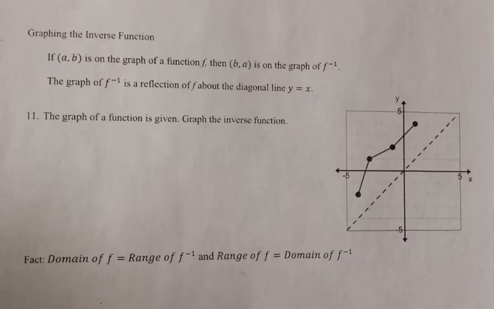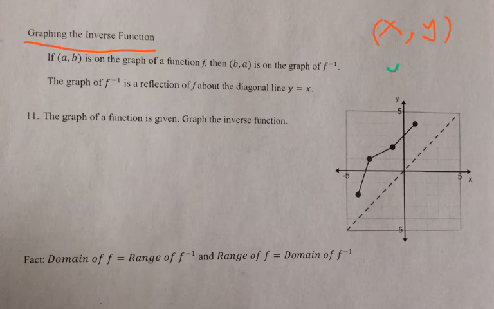The last big thing about this is being able to graph an inverse function. So we already discussed this a little bit. Essentially, the xy coordinates of a function switch for the inverse. Okay, so it states here that if the point (a, b) is on the graph of a function f, then (b, a) is on the graph of the function's inverse.